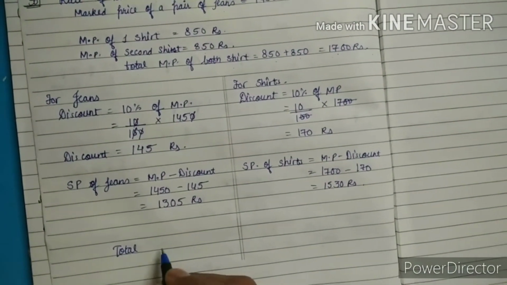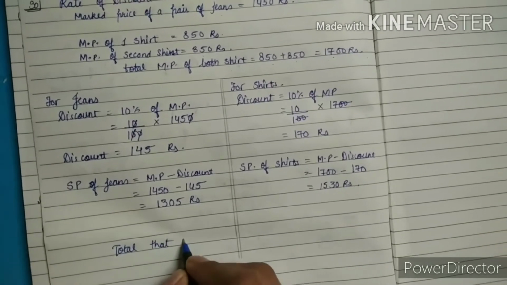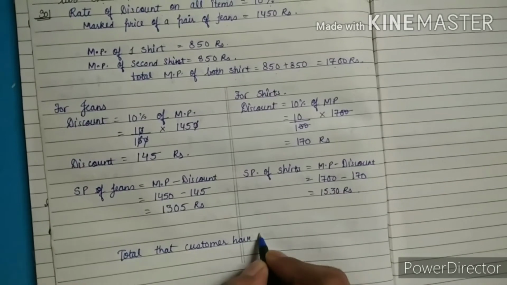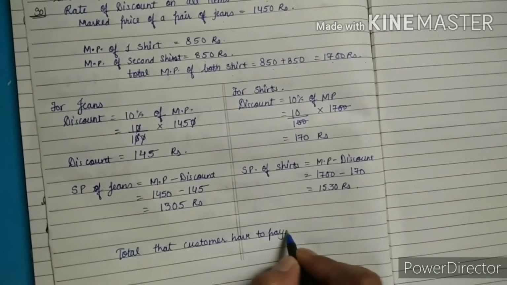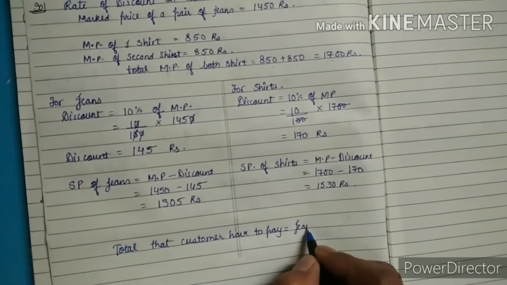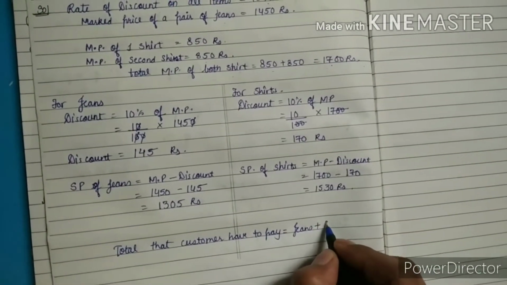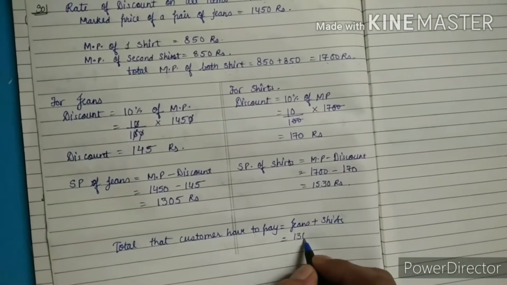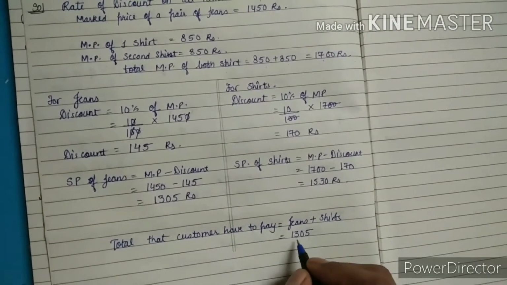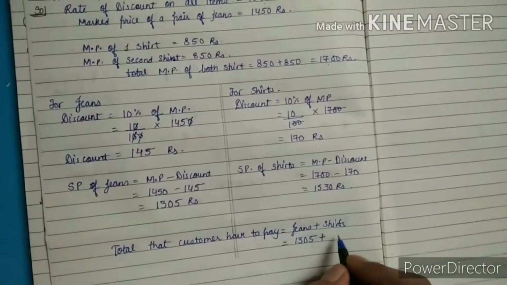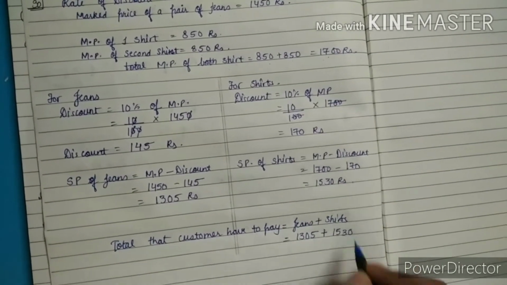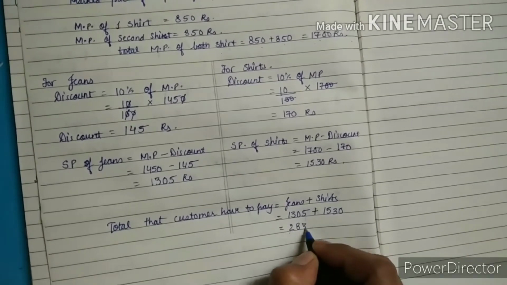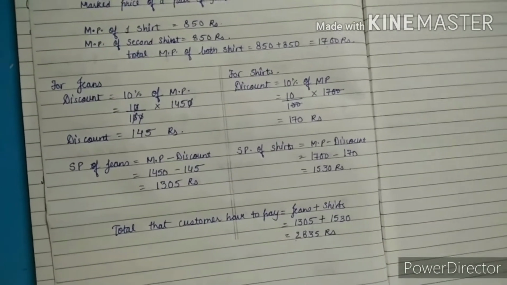So the total the customer has to pay: firstly we put for jeans and second for shirts. For the jeans he has to pay 1305, and for the shirts he has to pay 1530, and in total he has to pay 2,835 rupees.